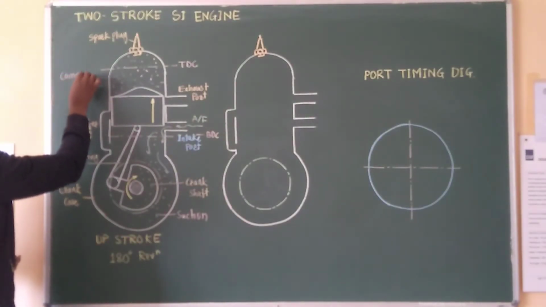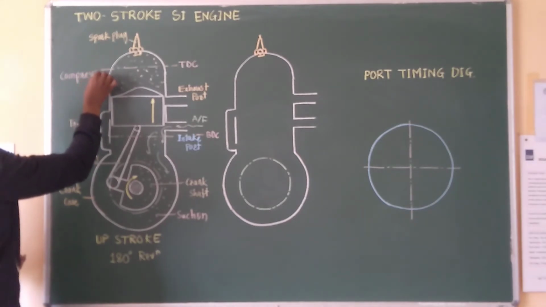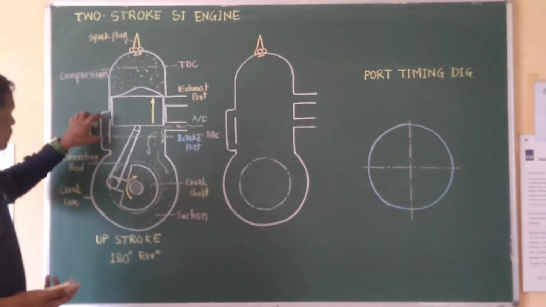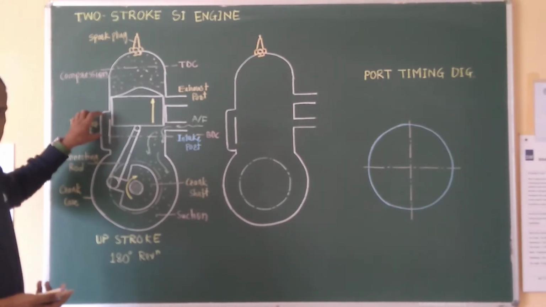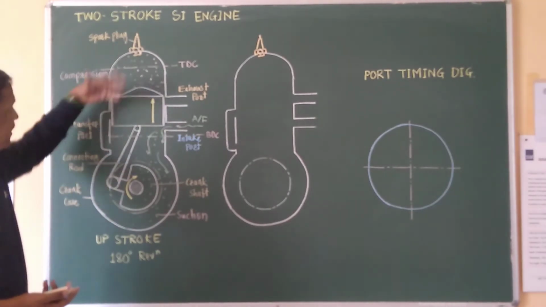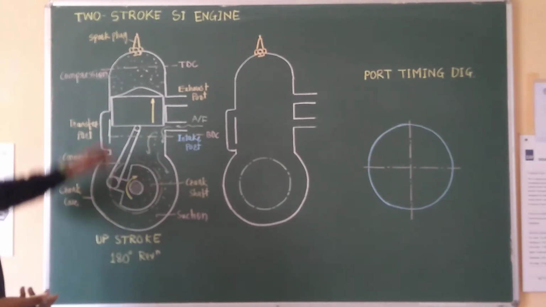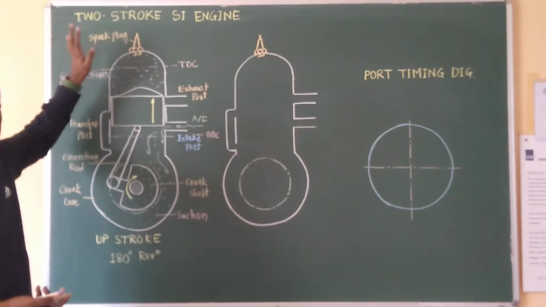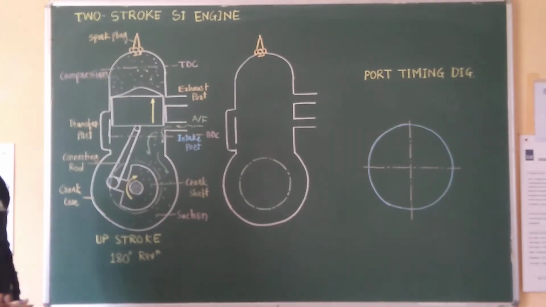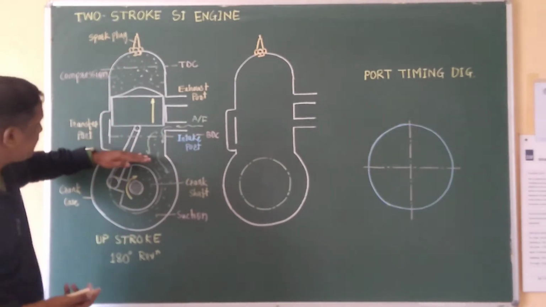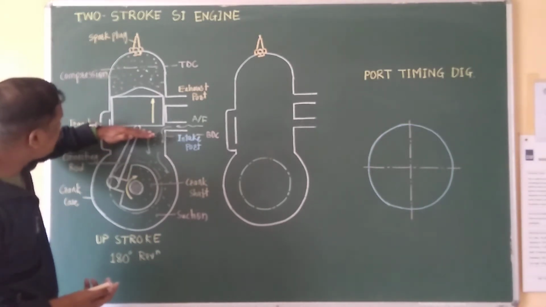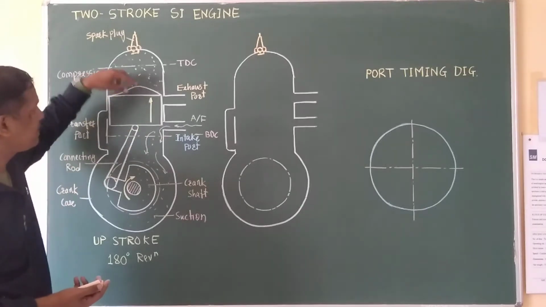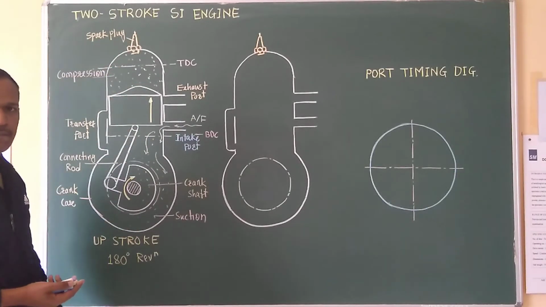During this, it completes a 180-degree revolution, and in this, suction takes place, and on the top side compression takes place. The transfer port remains idle because it is not transferring anything.